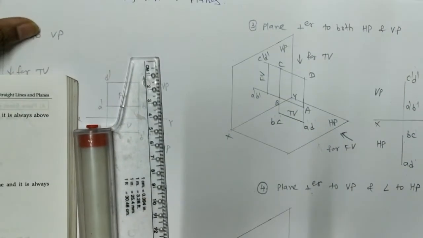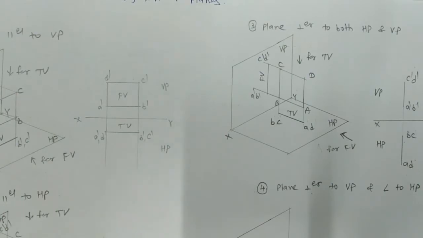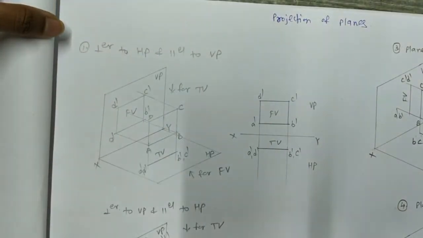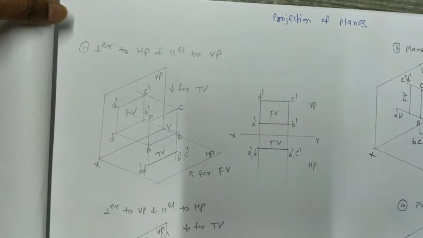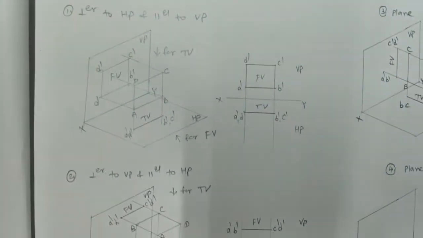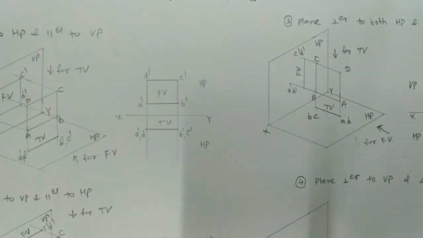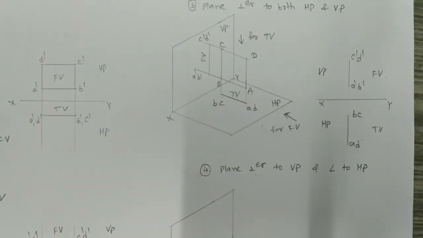This is third condition, and this is first condition when plane perpendicular to HP and parallel to VP. This is second condition, plane perpendicular to VP and parallel to HP. Now we will see plane perpendicular to VP and inclined to HP.